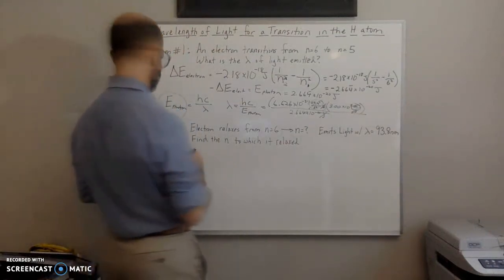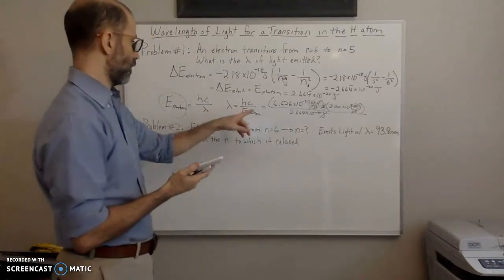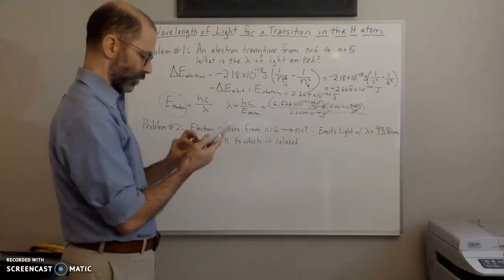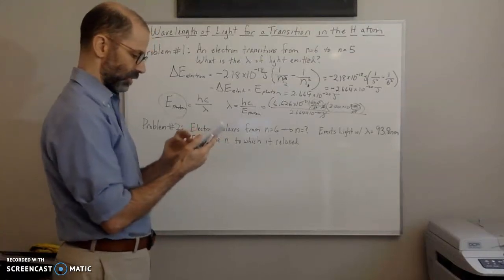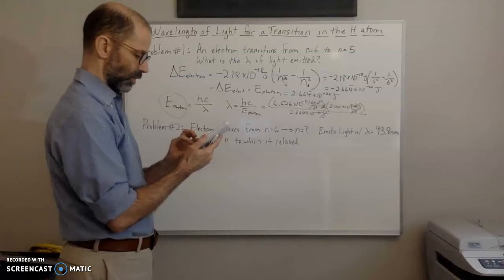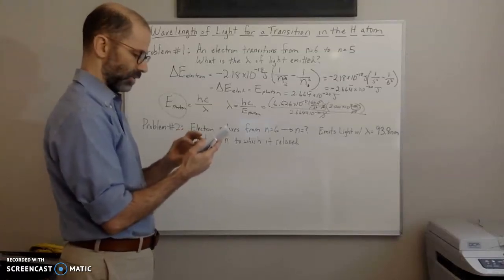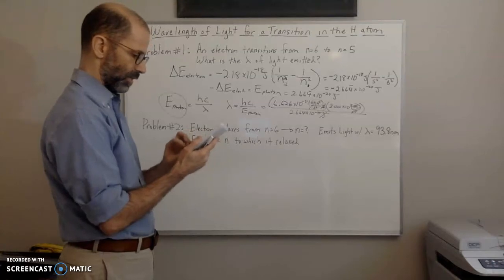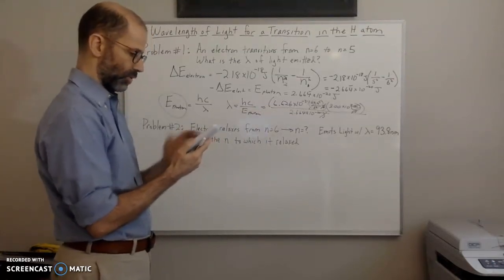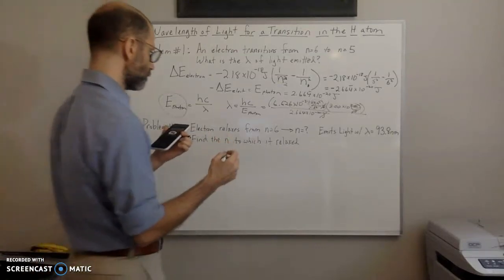If we calculate this out, we take 6.626 times 10 to the negative 34 times 3.00 times 10 to the 8, divided by this number here, and we get 0.000007460.